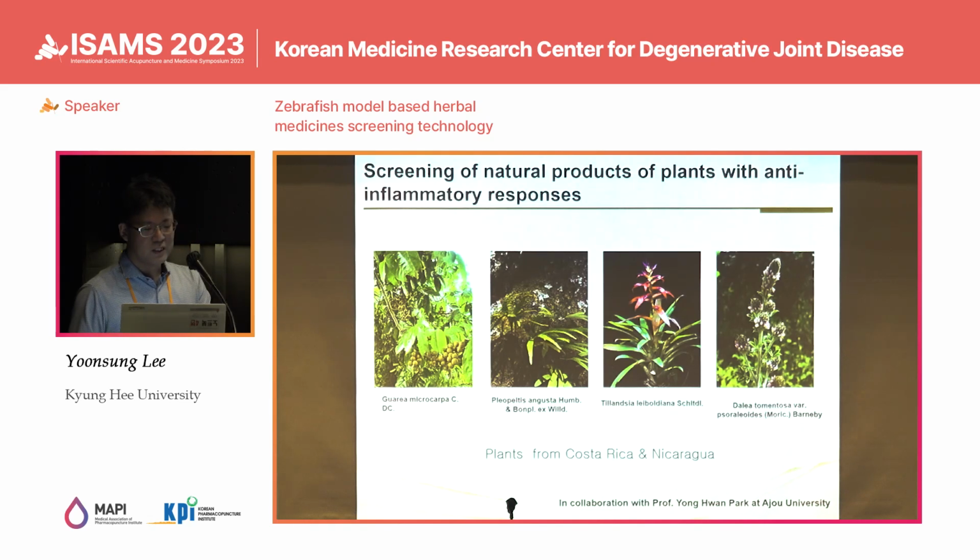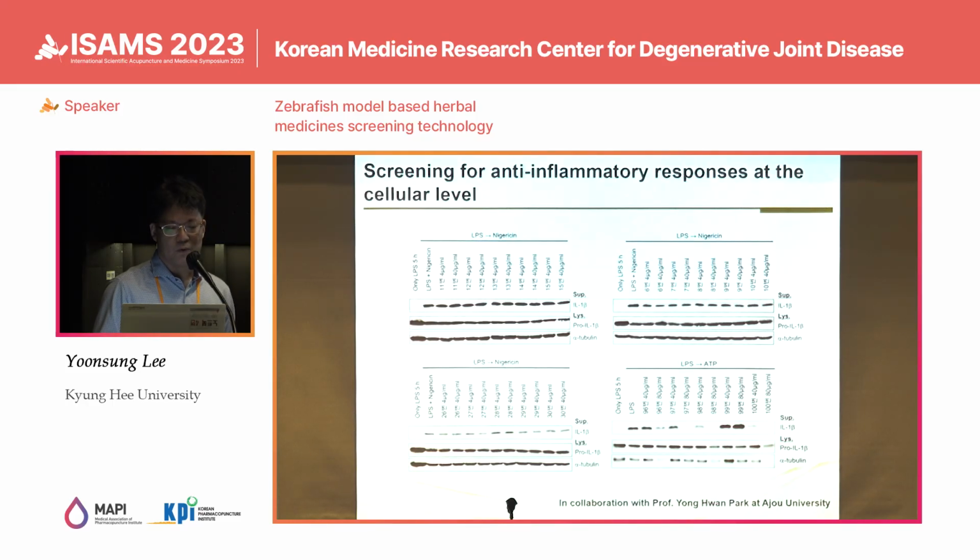Next, we're continuing our work in collaboration with the Aju University group. They got a library of natural products, plants from Costa Rica and Nicaragua, and they're trying to find anti-inflammatory effects from those plants. What they did was first screening at the cell level, trying to find possible anti-inflammatory effects.